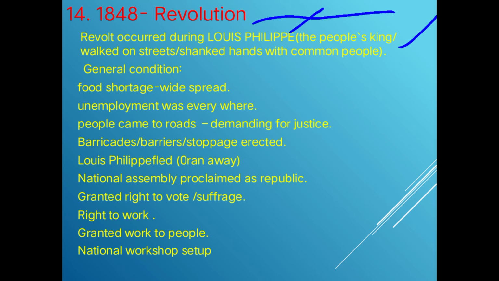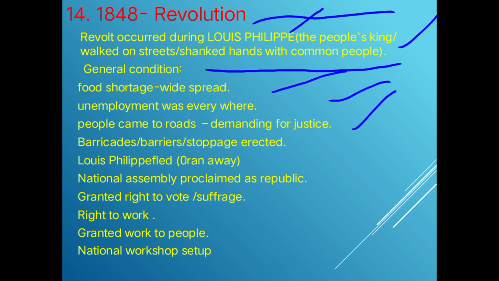He walked on the streets, shaking hands with the common people, but he could not control the prices. There was food shortage and widespread unemployment everywhere. People came onto the roads dissatisfied, questioning the non-availability of basic amenities.